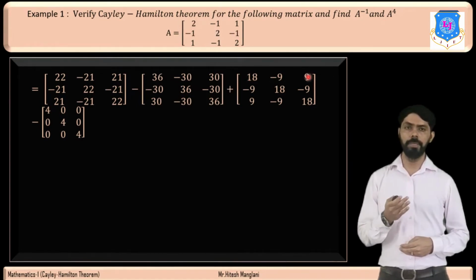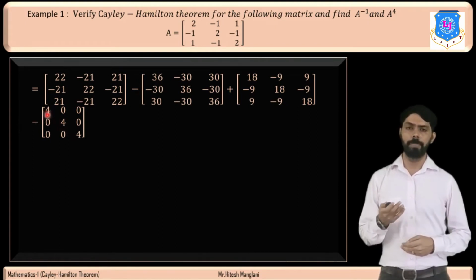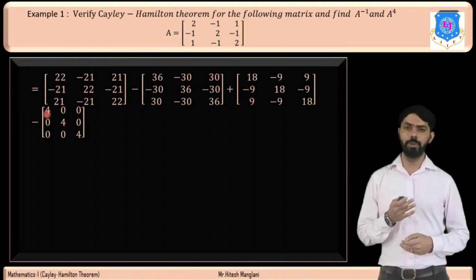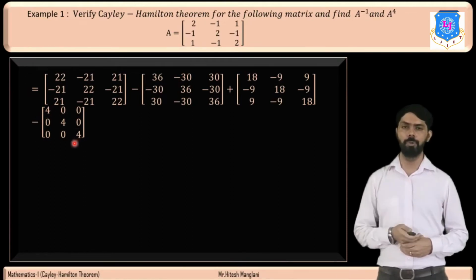So it will be [18 -9 9; -9 18 -9; 9 -9 18]. Then after, minus 4I, and I is the identity matrix of order 3. So it will be 1 0 0, 0 1 0, 0 0 1, but here we will have to find 4I, so it will be 4 0 0, 0 4 0, 0 0 4.